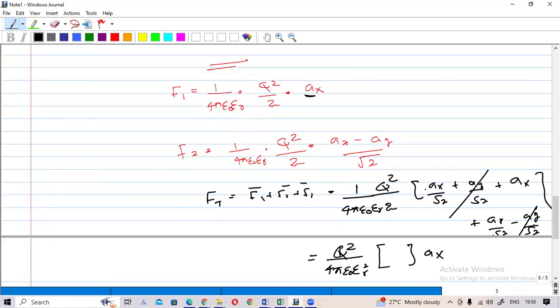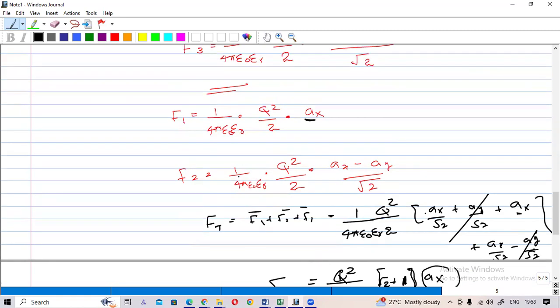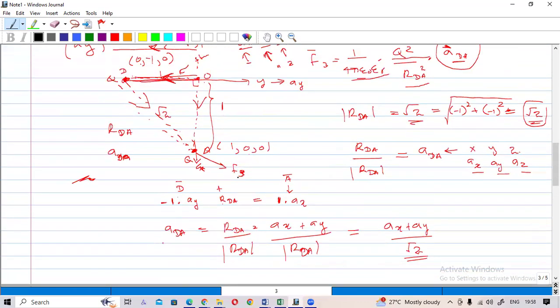So here you will have 2 over root 2, which means root 2, plus this one, 1. So this is the total force. It is in ax direction actually, this direction.